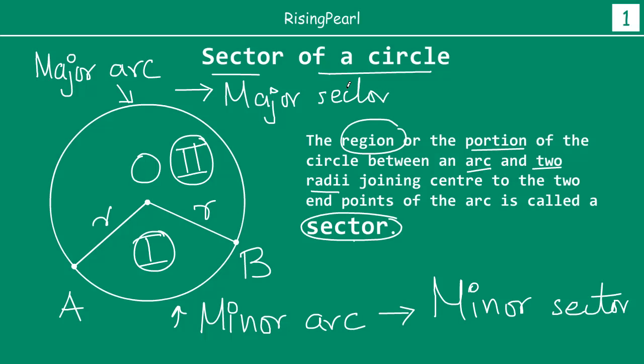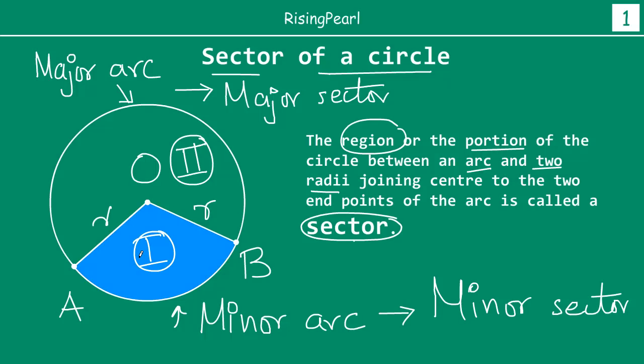So all we did was take 2 points on a circle and join the center to the end points of that arc, and we have got a minor sector and a major sector. Now going forward, let's highlight one of the portions.